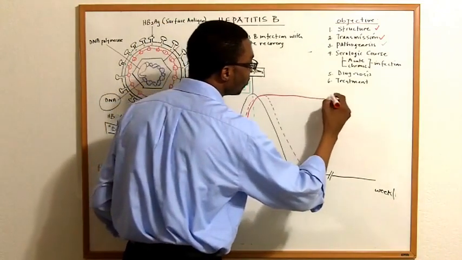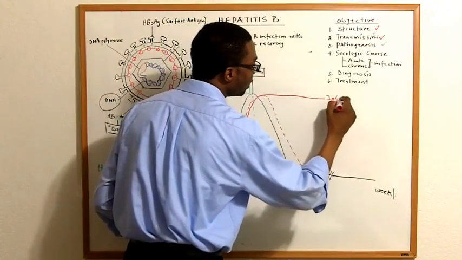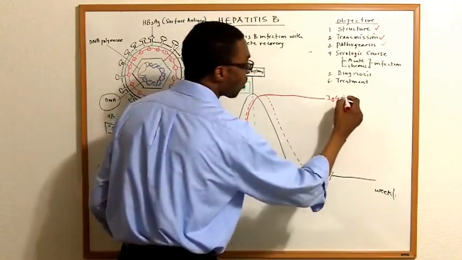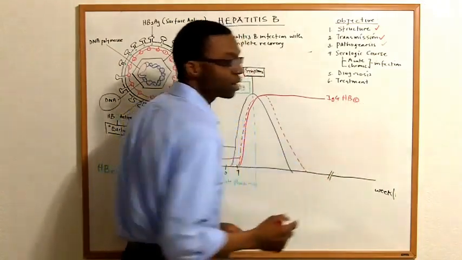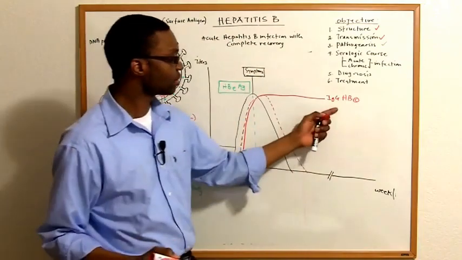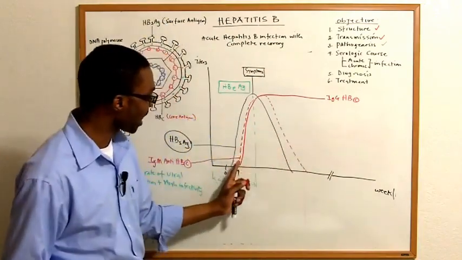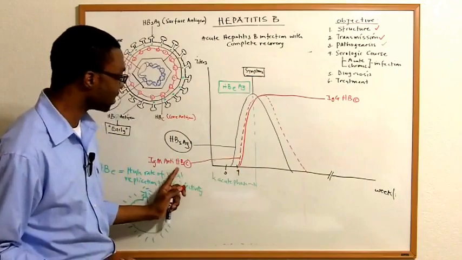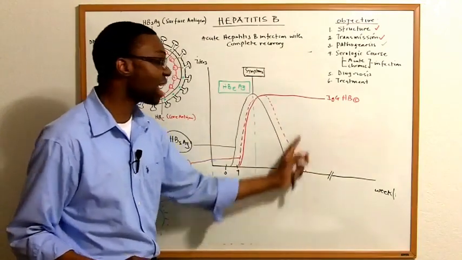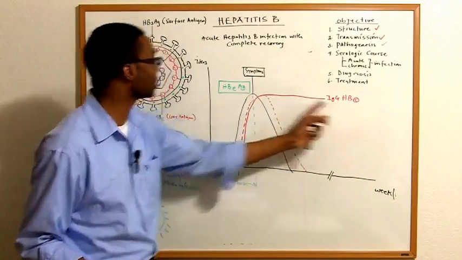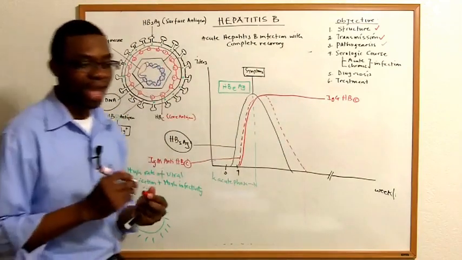So eventually we're going to make IgG against the hepatitis B core antigen over time. Just at the same time as we are making IgM, IgM is going to drop off, but IgM is not going to last, so we want to keep the IgG around against the core antigen.